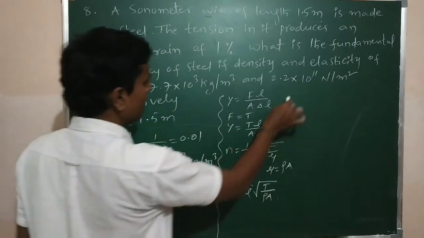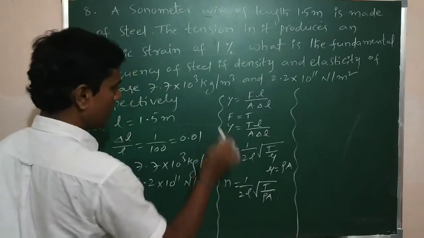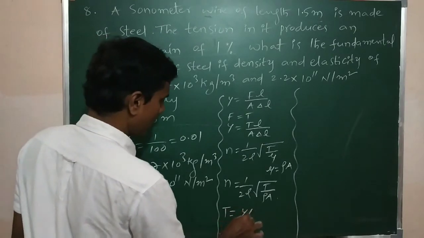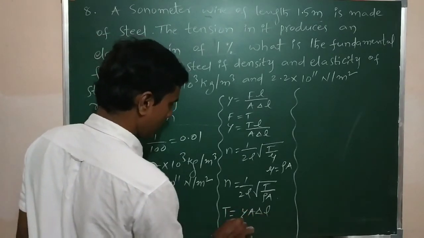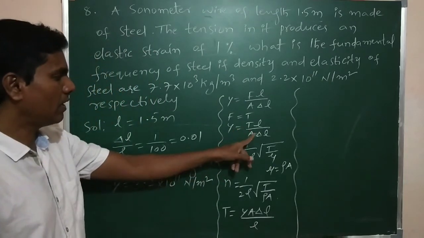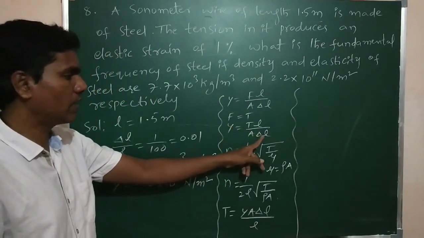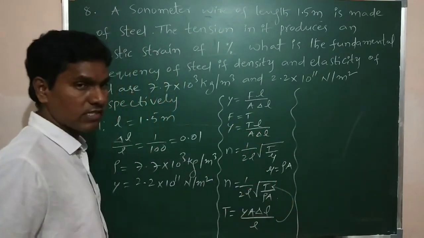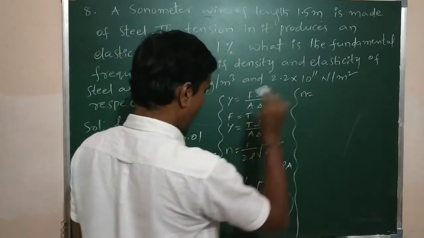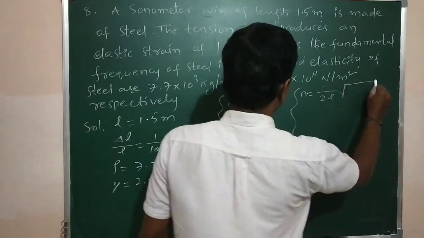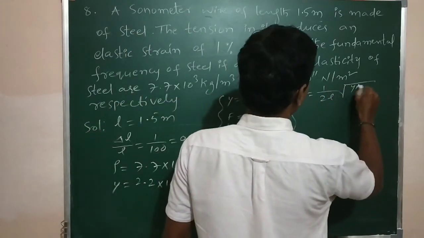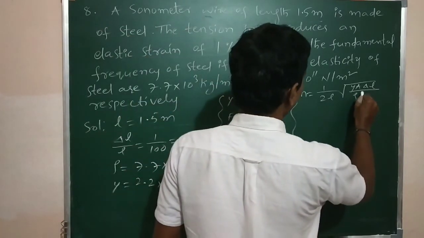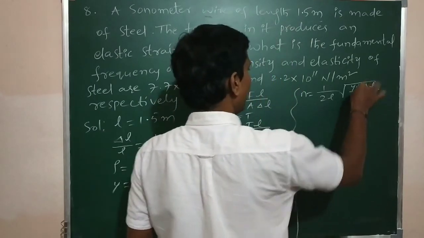So we need to calculate T. Capital T is equal to Y A delta L divided by L. We can substitute this in place of T. Then the fundamental frequency n is equal to 1 by 2L into root of Y A delta L divided by L, rho A L. Now A gets cancelled.